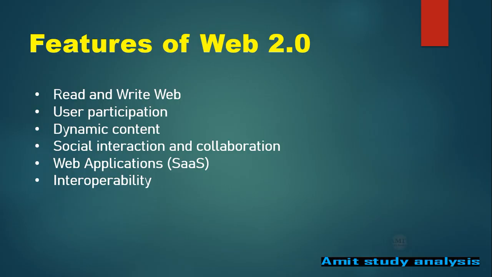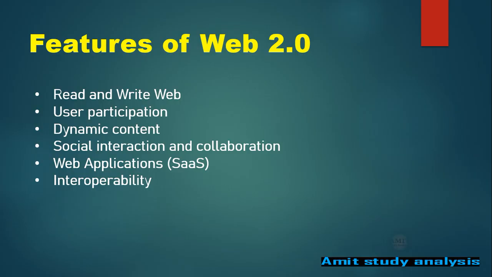In web applications, whatever application you used on a computer in stand-alone mode, you can use on the web directly. These are all part of SaaS. SaaS stands for software as a service. Now interoperability. Interoperability refers to the web where one page can be connected to another page and the user can directly refer from one page to another page.